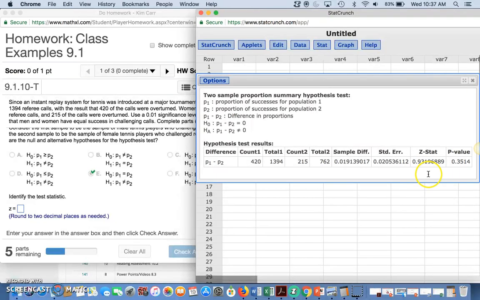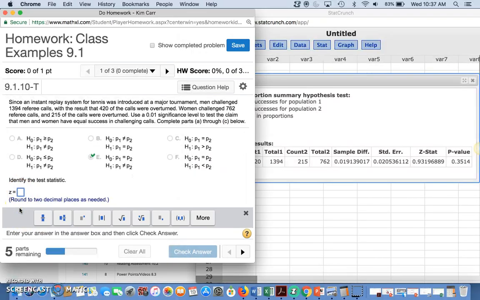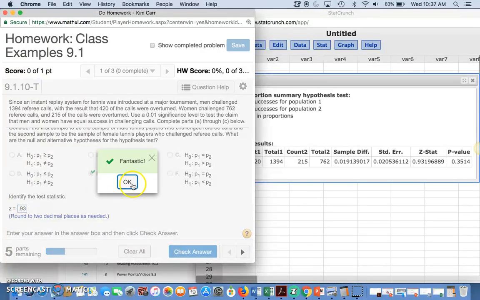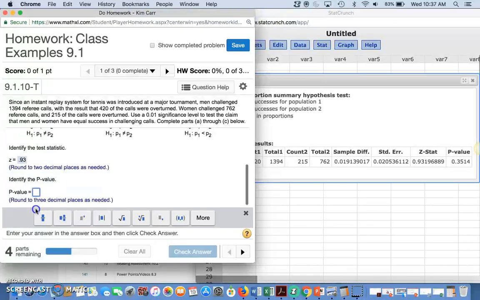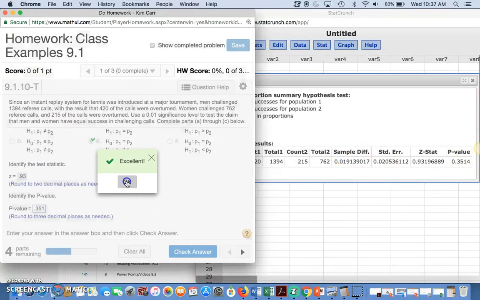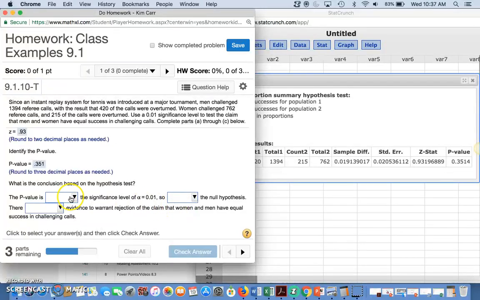The Z that we have here, rounded to 2 decimal places, would be 0.93. The p-value, and they want it to 3 decimal places, is 0.351.